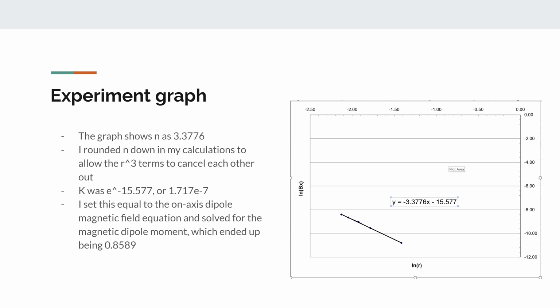So I set k r to the n equal to the on-axis dipole magnetic field equation, which is mu naught over 4 pi times 2 times the magnetic dipole moment over r cubed. And I solved for the magnetic dipole moment, which ended up being 0.8589.